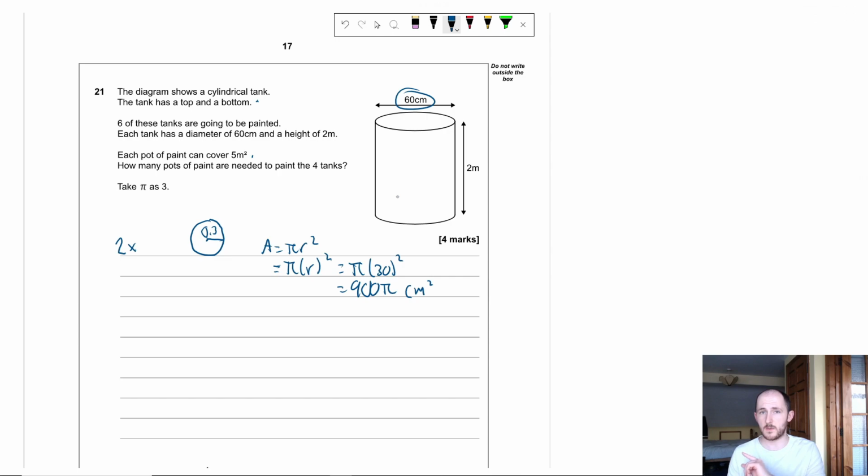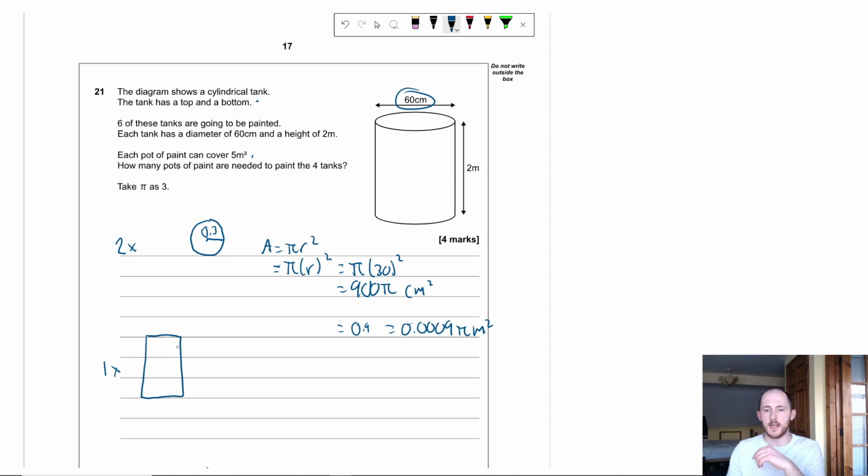To change to meters squared, we need to divide by 10,000, so we essentially get 0.0009 pi meters squared.